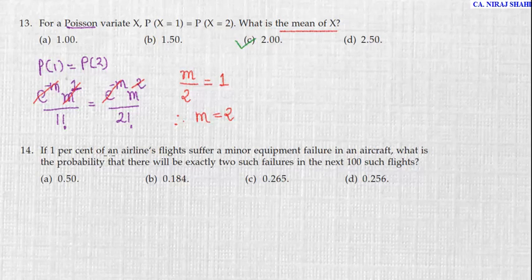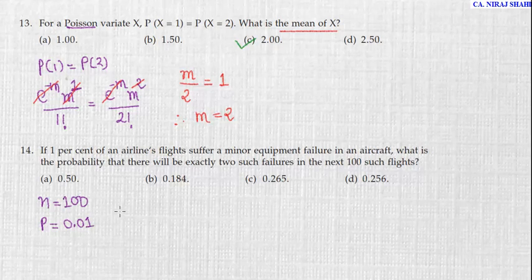If 1% of an airline's flights suffer a minor equipment failure in an aircraft, what is the probability that there will be exactly 2 such failures in the next 100 flights? So n is equal to 100 here, and the probability of the airline failure is 1%, so p is equal to 0.01.